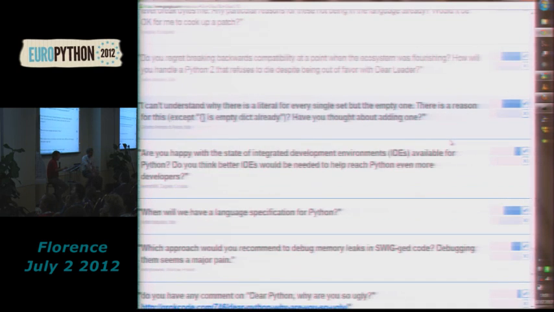Totally. I can't understand why there is a literal for every single set but the empty one. Is there a reason for this, except curly braces open, curly braces close is empty dict already? You have to read this stuff. Have you thought about adding one?